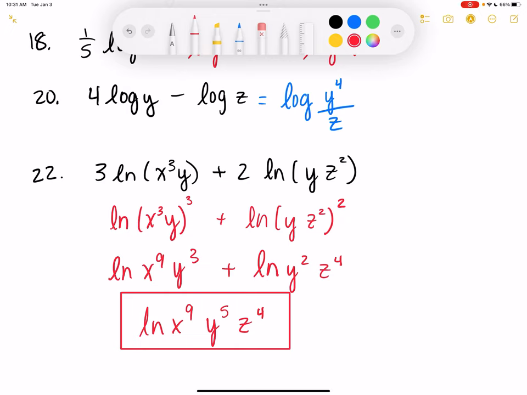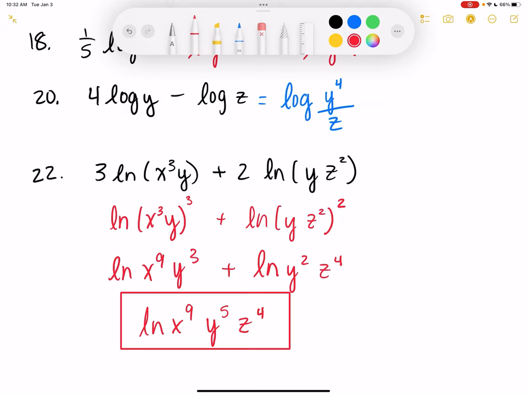So ln of parentheses x cubed y parentheses to the cubed, like it's all cubed. And then parentheses yz squared, parentheses squared.